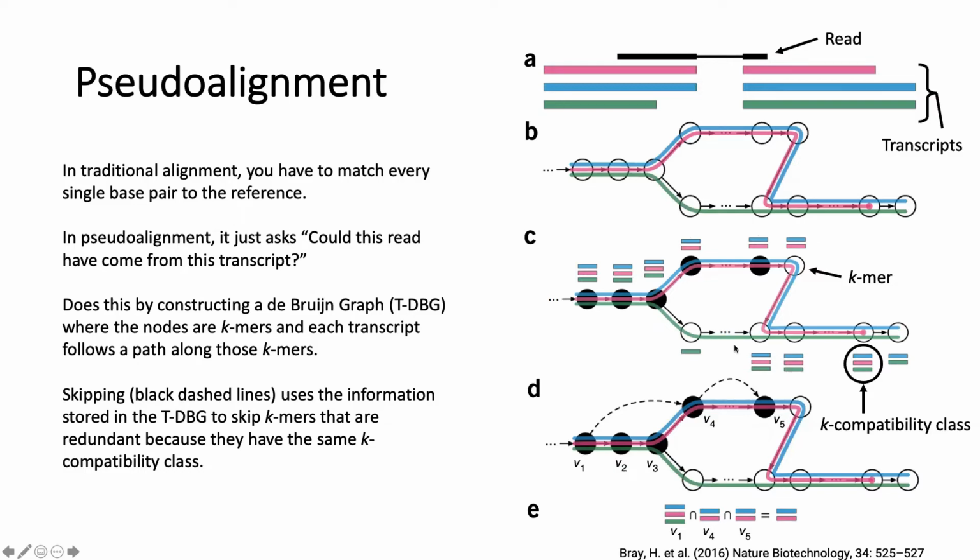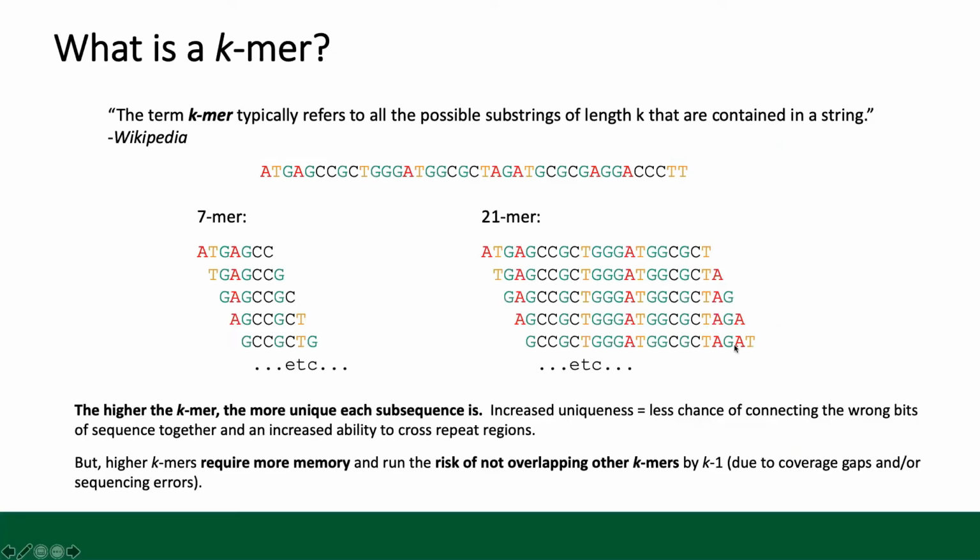And just real quick, to remind you guys, what is a k-mer? The term k-mer basically refers to a substring of a sequence, and you could have any length k-mer that you want. I'm showing a few examples here of just 7-mers and 21-mers. The higher the k-mer, the more unique each subsequence is.